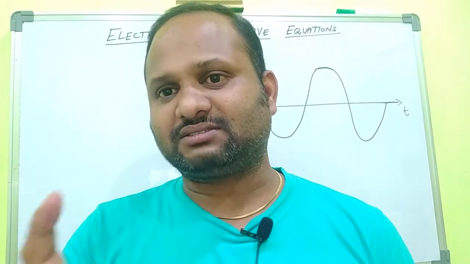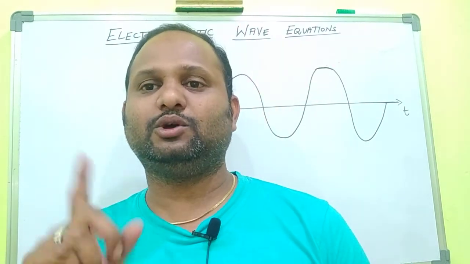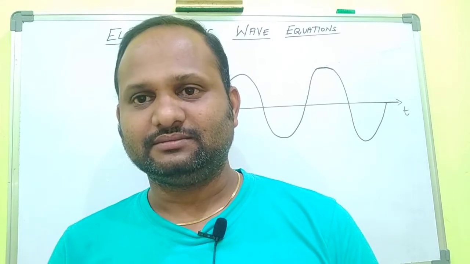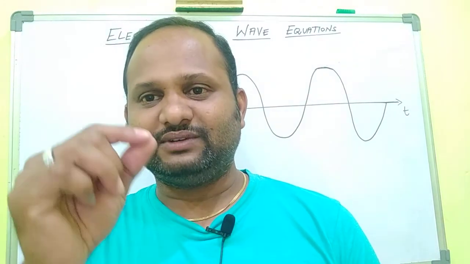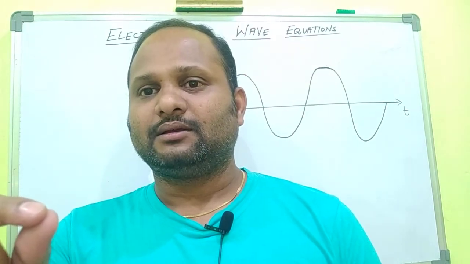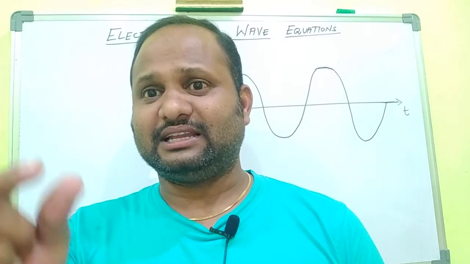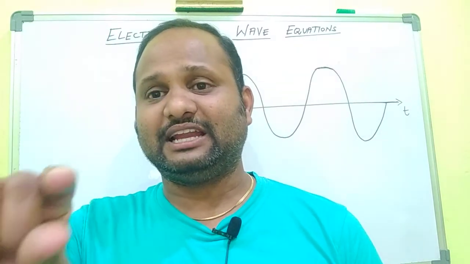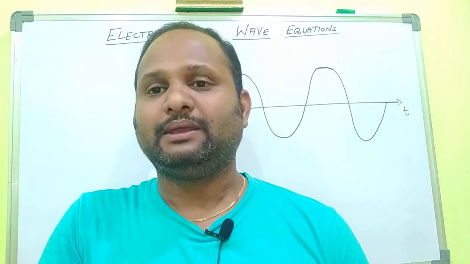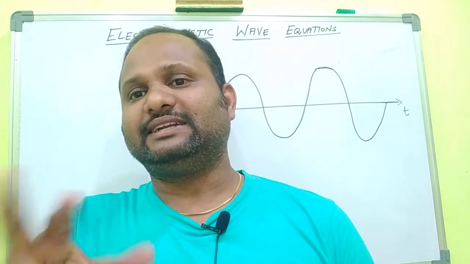If the charge accelerates, I think you know the meaning of acceleration: rate of change of velocity. When a charge accelerates, it produces a time varying electric field, and the time varying electric field produces a time varying magnetic field. It regenerates.